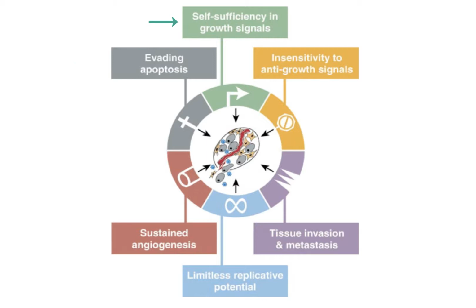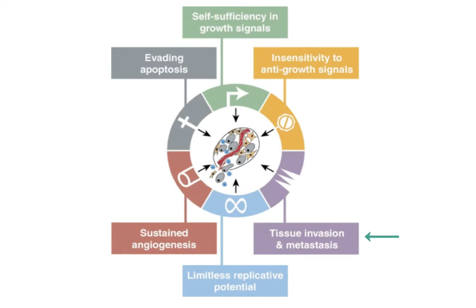Then self-sufficiency in growth signals: whether or not there's a hormone or other molecule telling the cell to grow, they grow anyway. And they're also insensitive to any anti-growth signal. So if there's contact inhibition, usually from one cell to the other, that's lost in cancer cells.